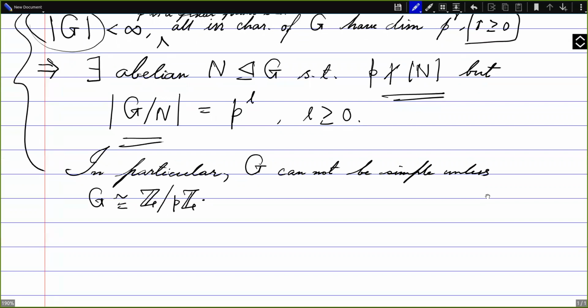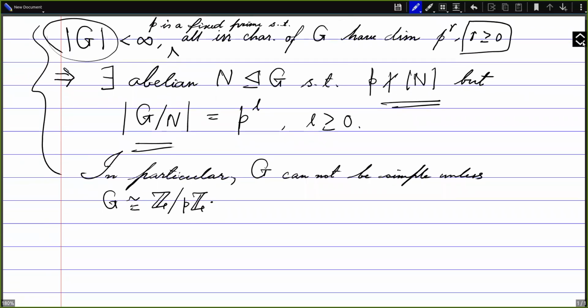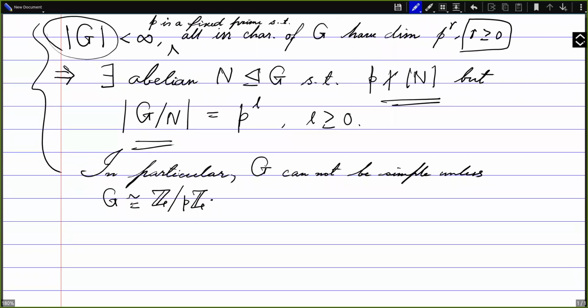But in this case, that approach does not seem to be of help. Here the main information is that all irreducible characters have degree some power of p.